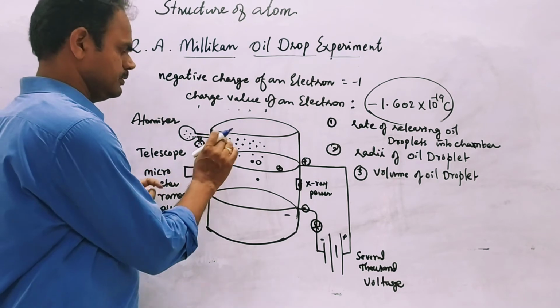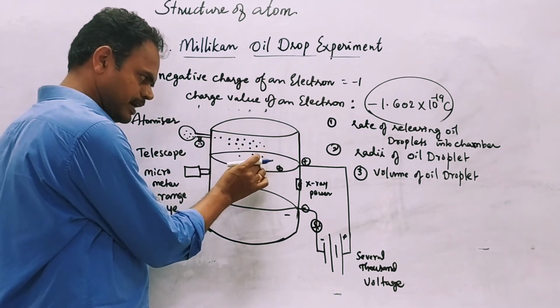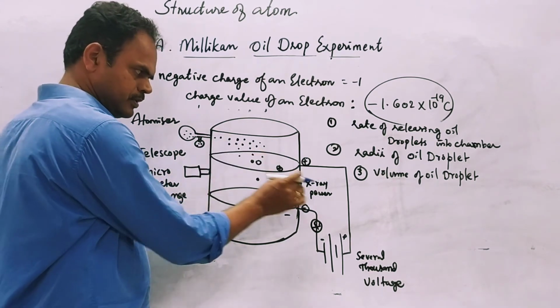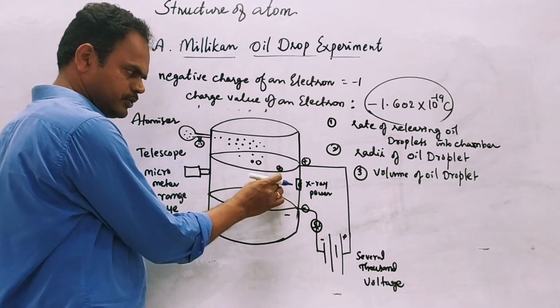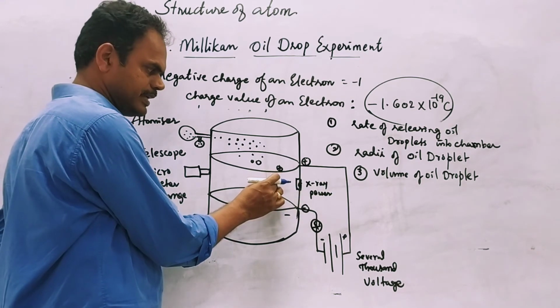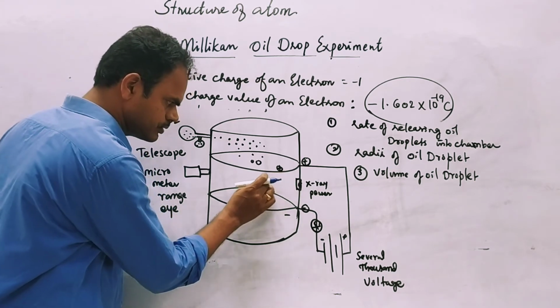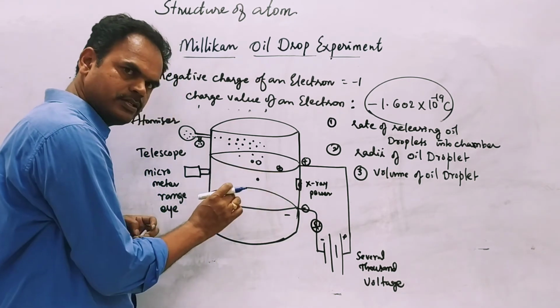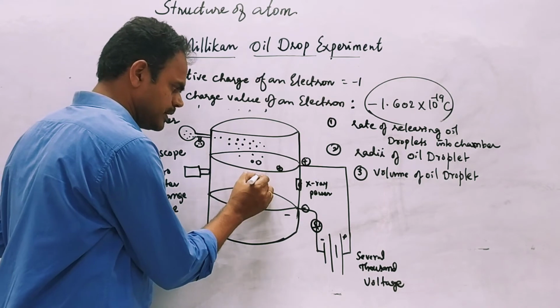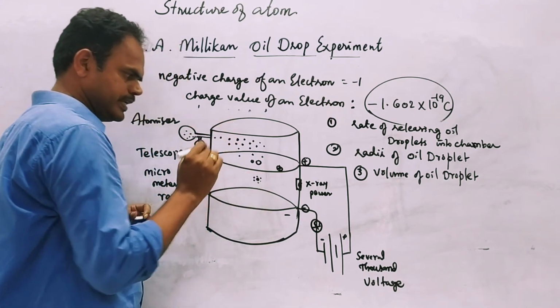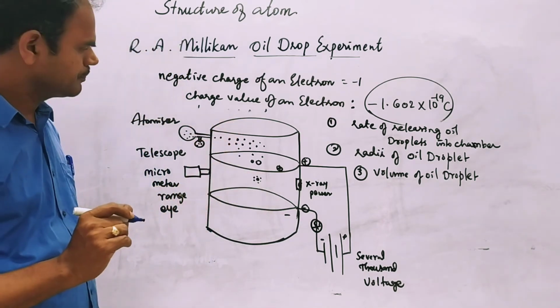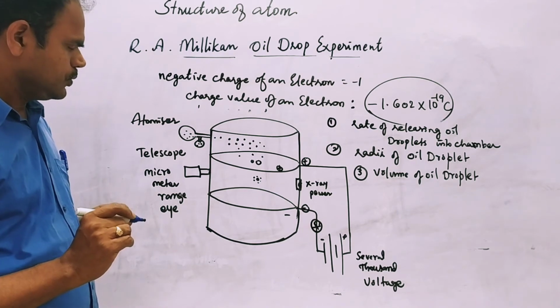Then the moment the oil droplets pass through this pinhole, the X-ray beam is passed into the chamber, and it causes ionization of the air molecules. The ionized air molecules collide with the droplet of oil. Then the oil droplet gets a charge on it.